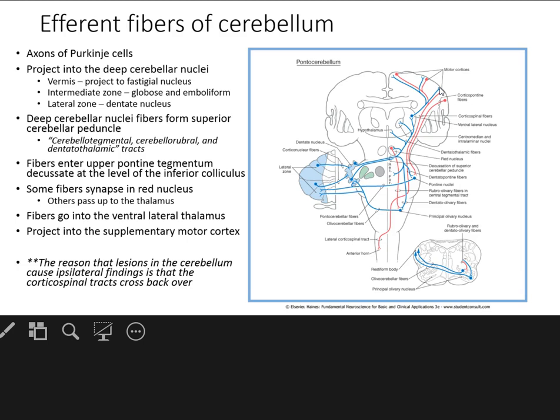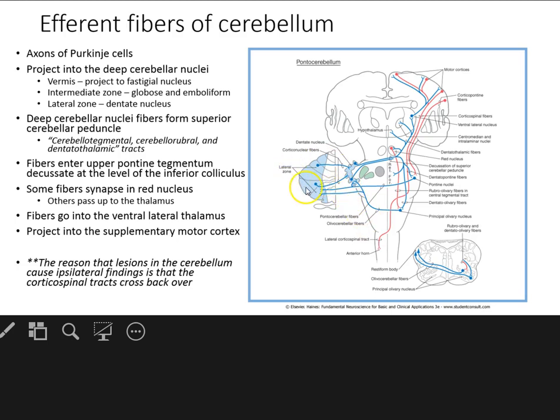Now, as you recall, the corticospinal tract, which starts up here in the frontal lobe, is going to come down, descend, and then cross over and be on the contralateral side. However, because it is crossed over, it is on the ipsilateral side to the cerebellar hemisphere lesion. So again, let's review. The reason that lesions in the cerebellum cause ipsilateral findings is that the corticospinal tracts cross back over.